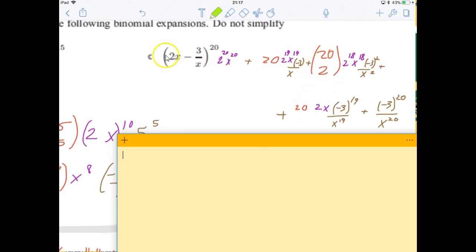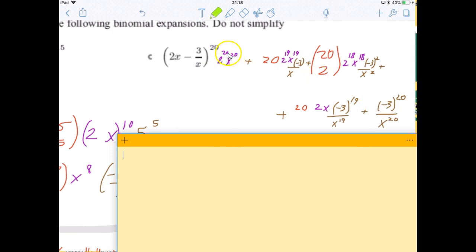Then we look at the a value, which is 2x. I put the 2x term in purple, and you can see that 2x starts out to the 20th power, and then the next term it's the 19th power, next term the 18th power, and so on. We've skipped a bunch, but the second to the last term is to the first power, and the last term is to the 0th power, so the purple 2x just disappears.